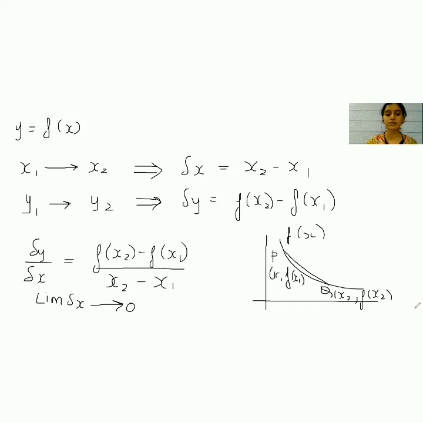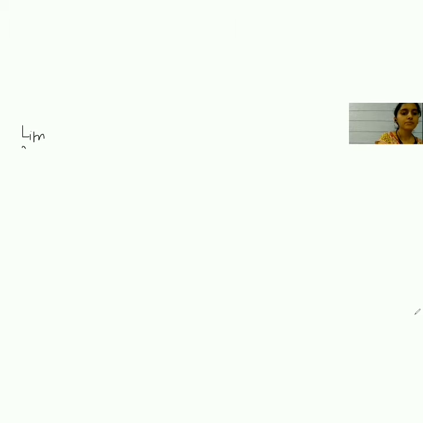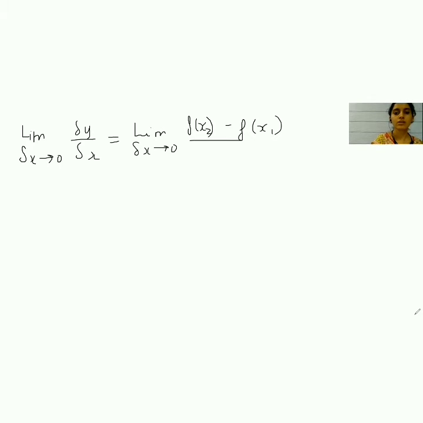So if I apply this limit on the function above, then I get limit delta x tending to 0 of delta y by delta x is equal to limit delta x tending to 0 of f of x2 minus f of x1, divided by x2 minus x1.